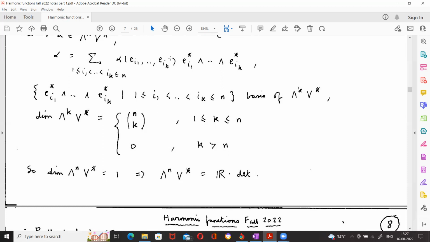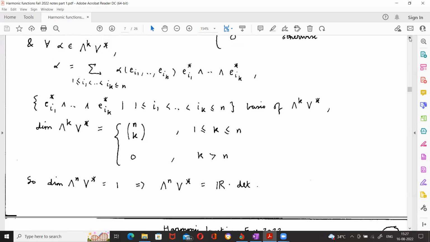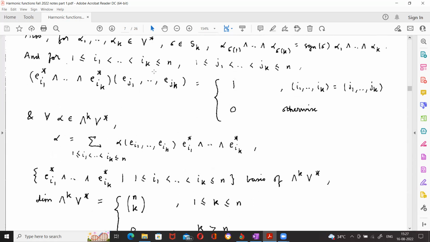And to see that they're linearly independent, you just take a sum of these which is 0, and then you apply it to a k-tuple of vectors e_j1 to e_jk. You'll get that the coefficient of e_j1 star wedge e_jk star has to be 0. So this will be linearly independent, and so this will be a basis.